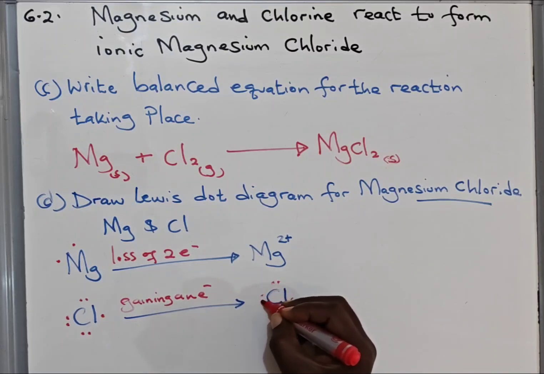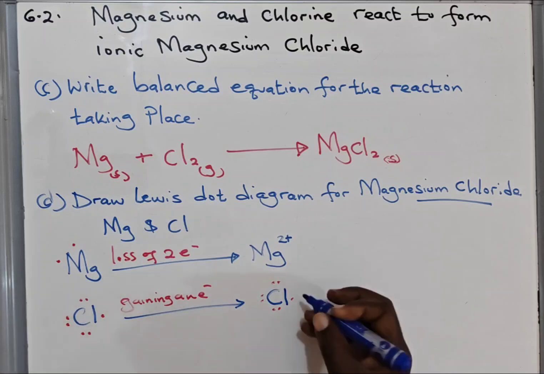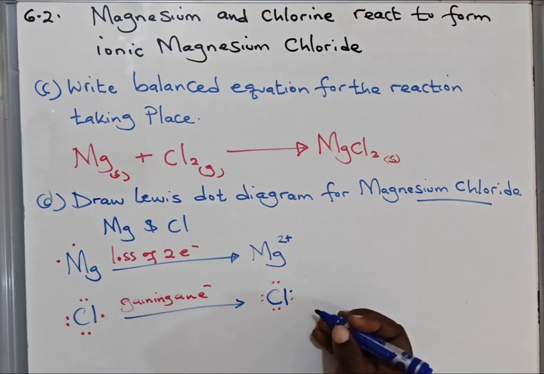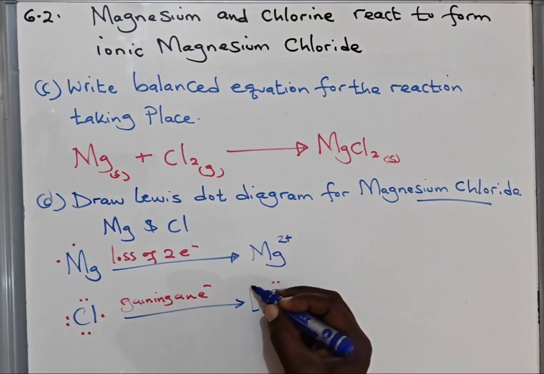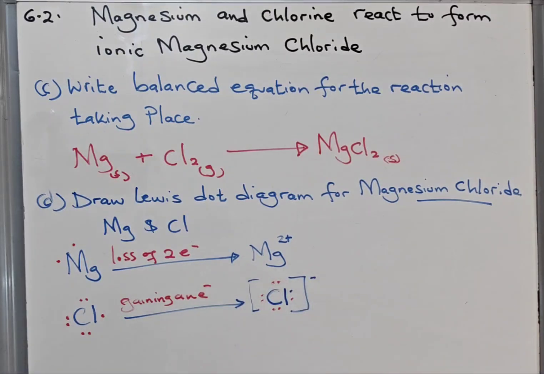We must not forget that 1 more electron has been gained, so you can indicate it here. Because this atom has gained an electron, it attains a negative charge. We put a bracket and put the negative charge there.